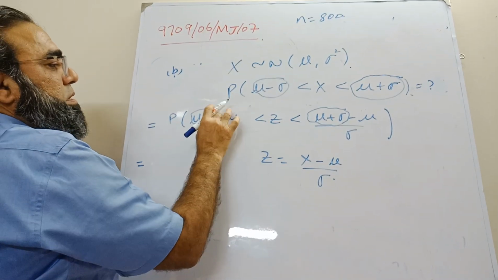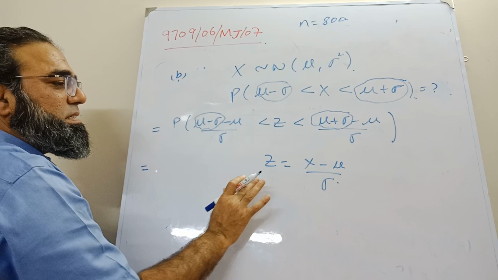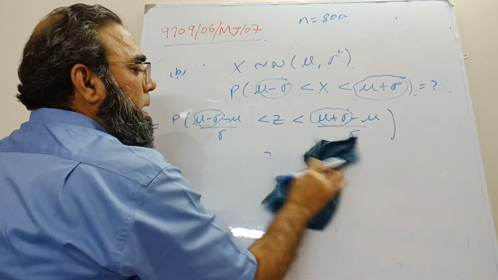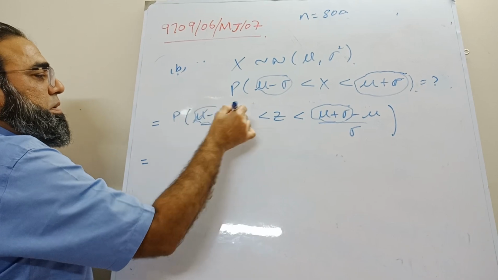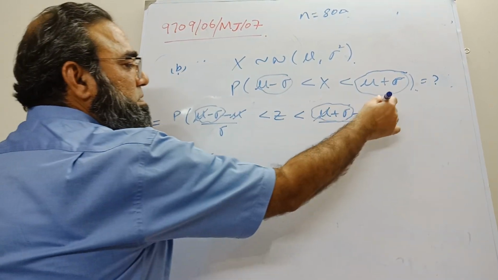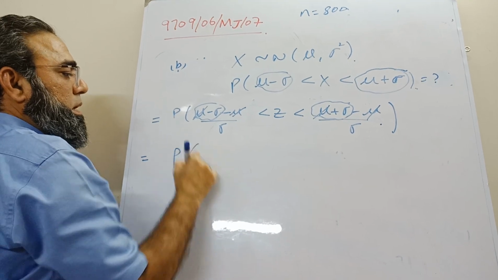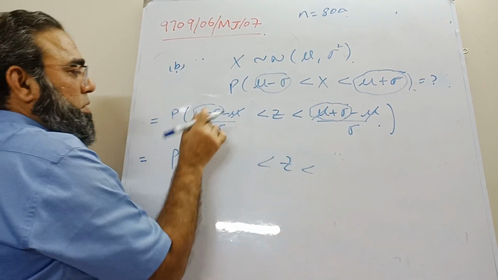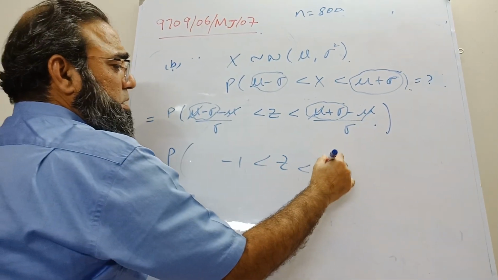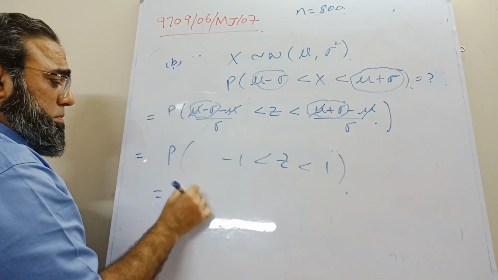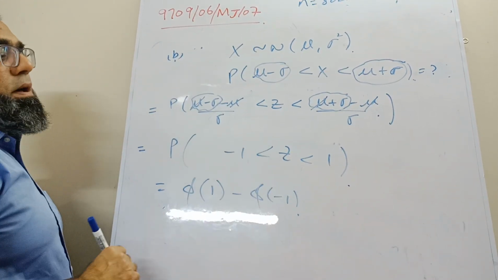Since we're not given the values of the mean and the standard deviation, I'm just writing them as they are. Now the mean cancels with the mean, and the sigma cancels with the sigma. This is -1 and this is 1 left over. So this will be phi of 1 minus phi of -1.